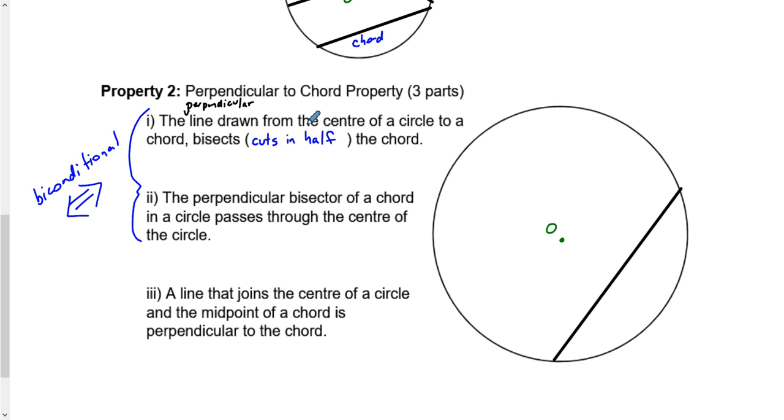The perpendicular line drawn from the center of the circle to a chord bisects the chord. So that means that if you were to draw a line that goes perfectly perpendicular, meaning makes a 90-degree angle with the chord, it's going to bisect the chord, which means this side of the chord is going to be the exact same length as this side of the chord.